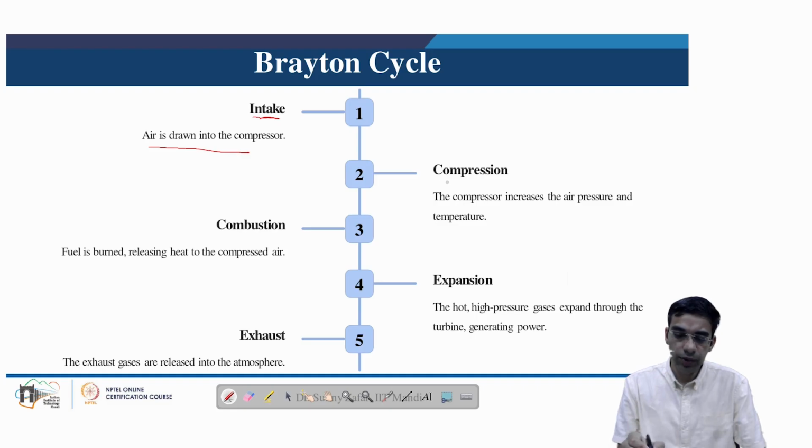In step 2 the incoming air is compressed, which increases the air pressure, and since work is done on the air, the temperature of the air also increases. Then this compressed air is brought into the combustion chamber, where fuel is injected and ignited so that hot gases are released upon combustion of the fuel.